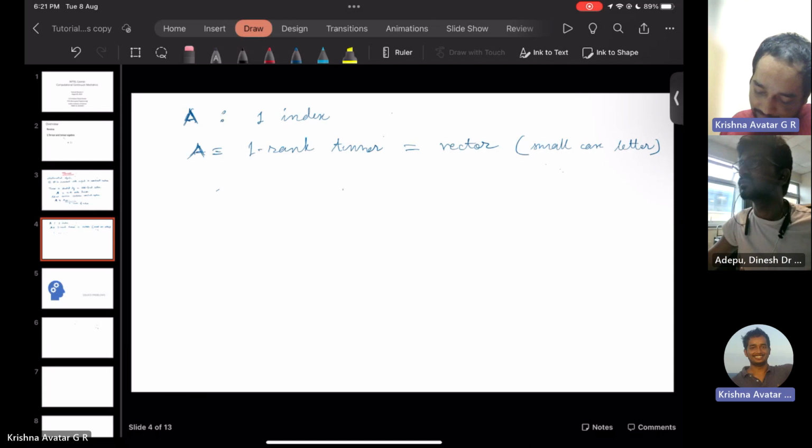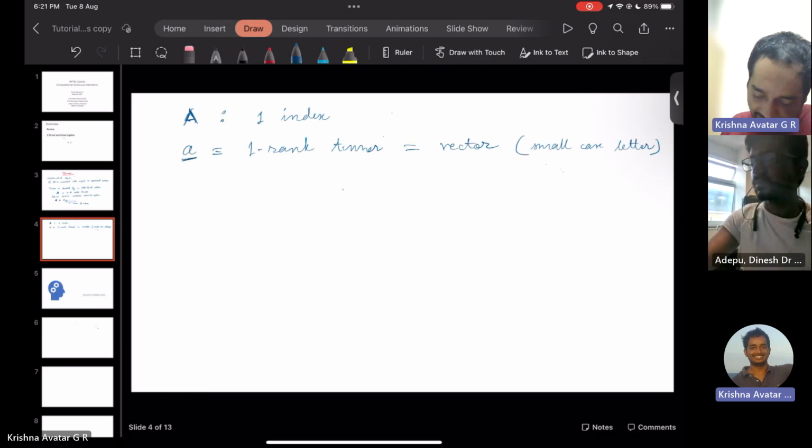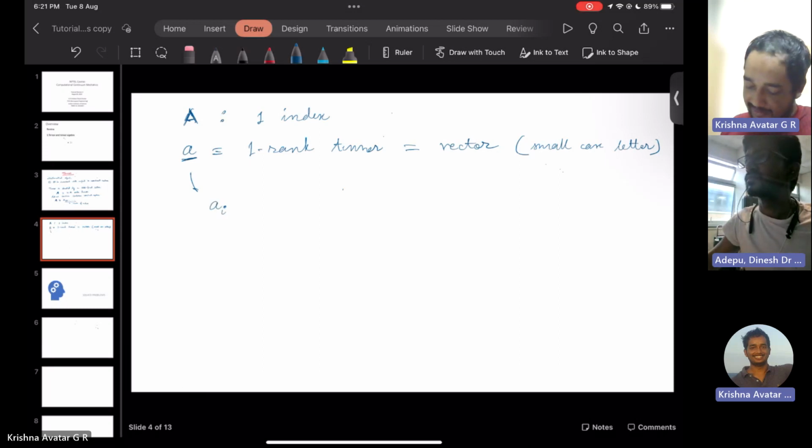Now, in the initial form, we'll call it a here, in boldface. Usually I'll just take a with an underline. Now in Cartesian notation, the component of this vector a will be something like a_i.